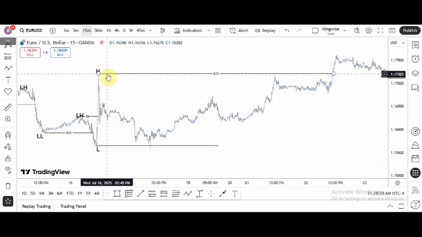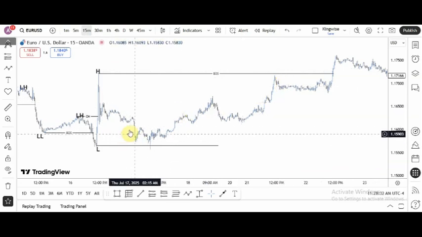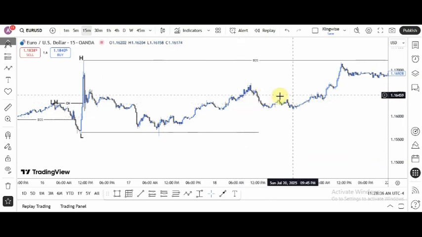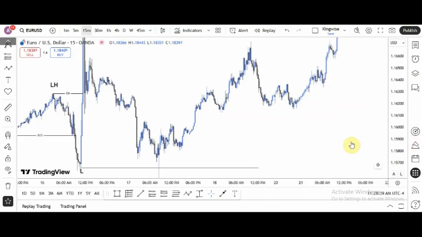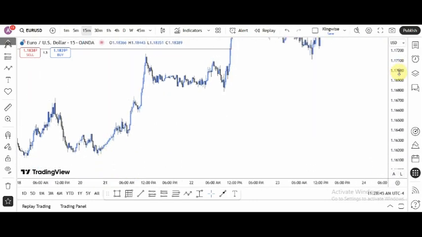So waiting for it might take a longer time. So you can just look for your entries from here and engage in the buy. So you would have gotten internal structure buys around here to engage in that buy.